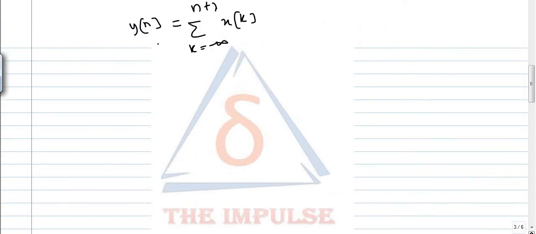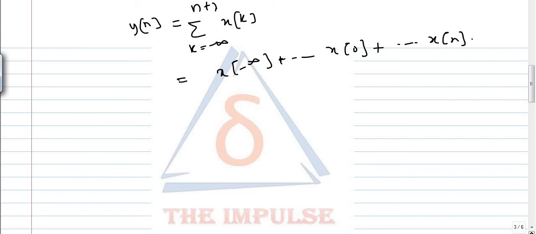Moving to the next question, it is y[n] equals the summation of x[k], where k varies from minus infinity to n plus 1. I can write it like this: x of minus infinity, and so on up to x of 0, and so on up to x of n plus x of n plus 1.